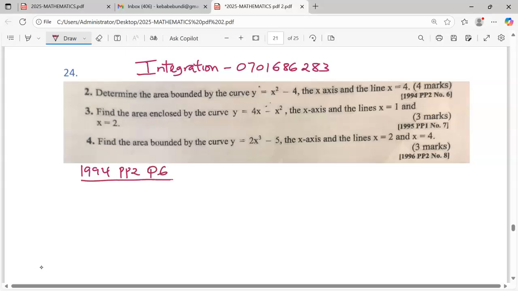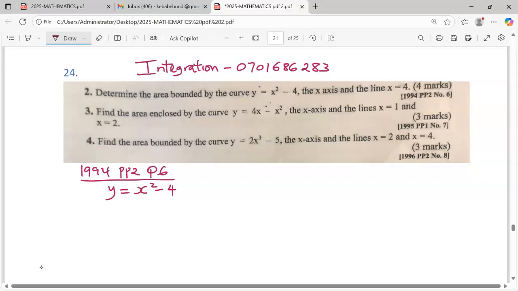And the question we have reads, determine the area bounded by the curve y is equal to x squared minus 4, that is the x-axis and the line x is equal to 4.